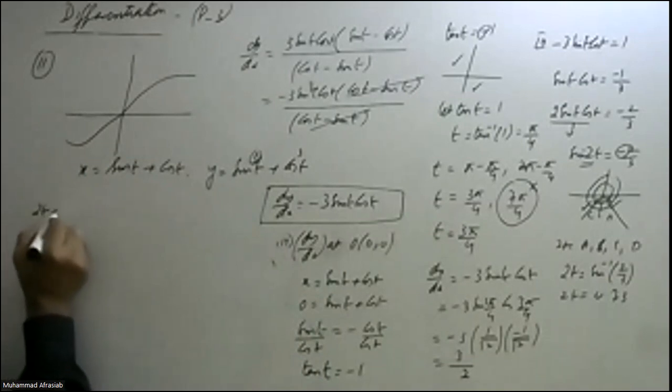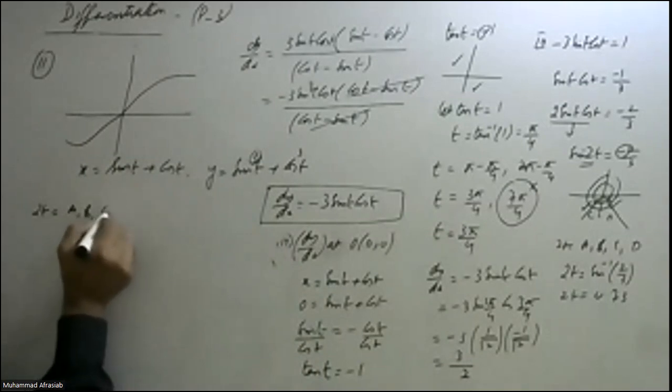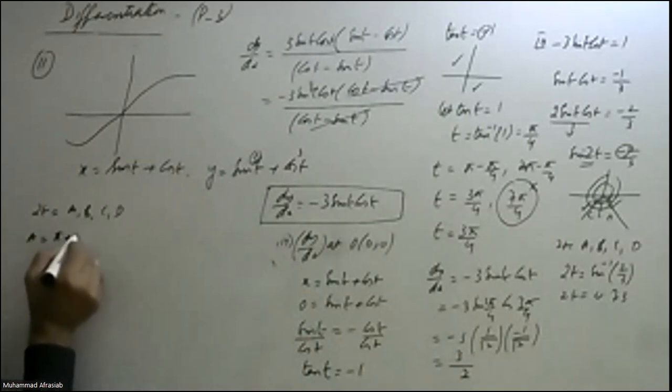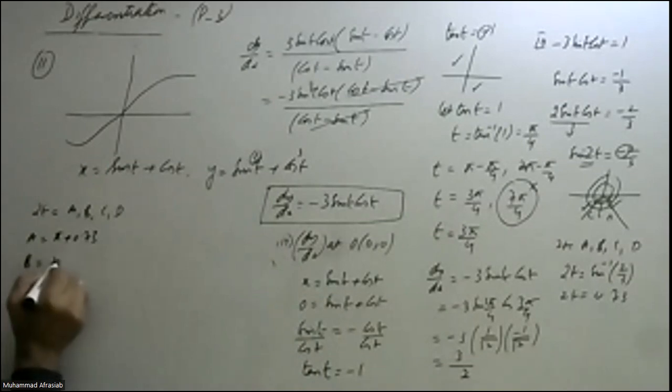So 2t is equal to A, B, C, and D, where the A value is equal to pi plus 0.73. The B value is 2 pi minus 0.73. The C value is A plus 2 pi, and the D value is B plus 2 pi.